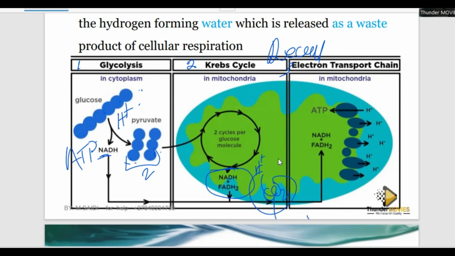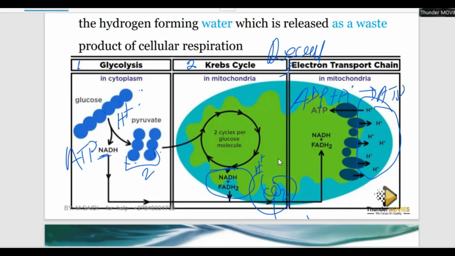During this process you produce energy, and this energy is used to add ADP plus an inorganic phosphate to form ATP.